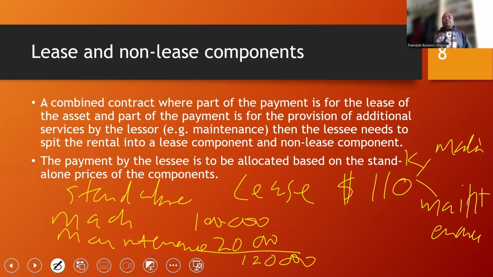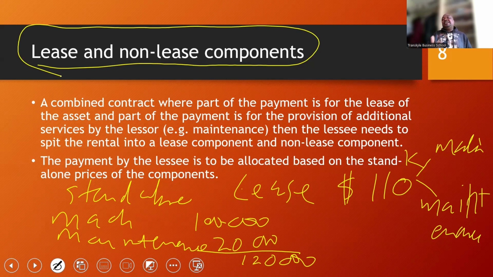All right. So how do you treat this transaction? This is the purpose of this subtopic, lease and non-lease components. How are you going to treat them in the books of accounts? Because the examiner is going to tell you, this company is paying lease rentals of 110,000.